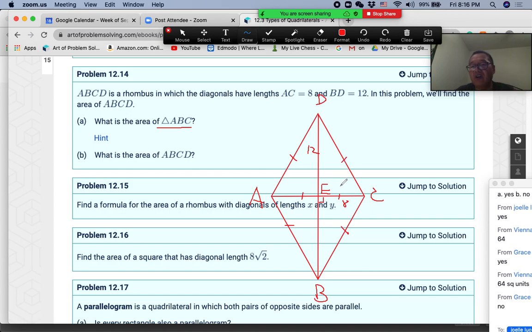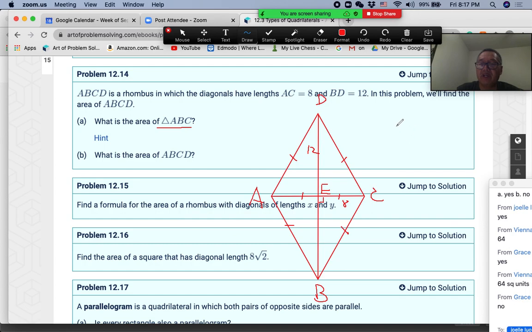Remember how you can get a rhombus from the 4 right triangles? Just the previous problem. Remember, from the previous problem, they ask you how you combine 4 right triangles with side lengths 3, 4, 5 together to get a rhombus. So for any rhombus, if you draw these 2 diagonals, then you get 4 right triangles. So that means this angle equals 90 degrees.